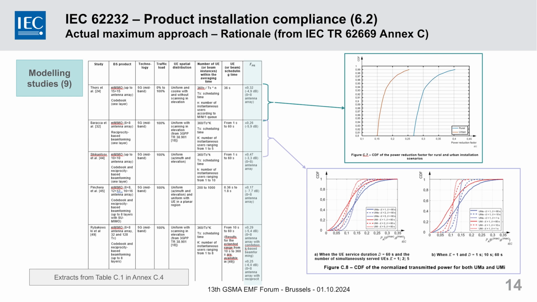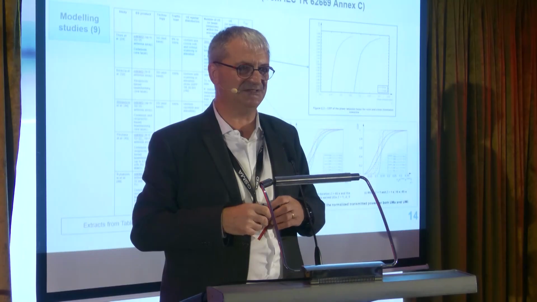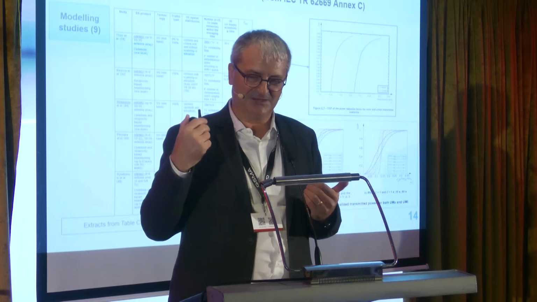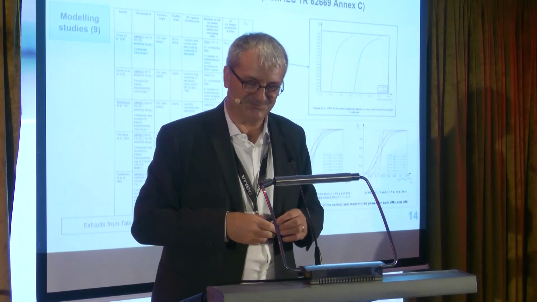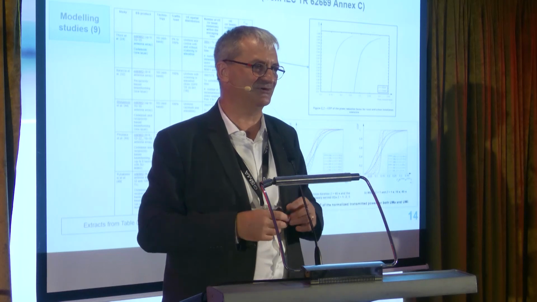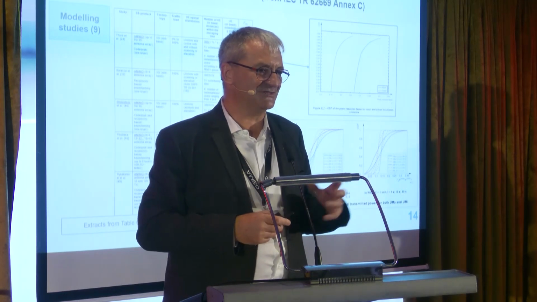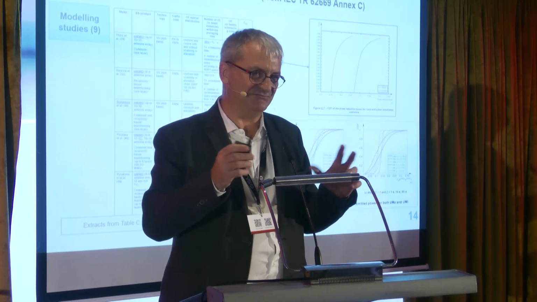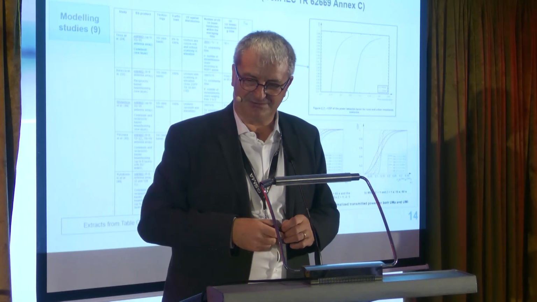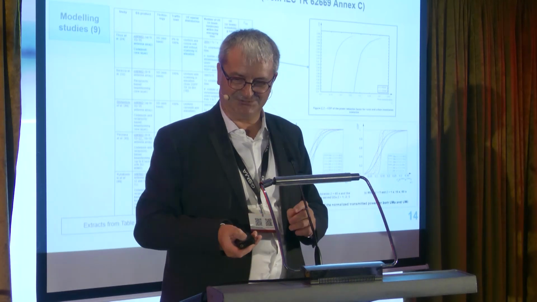And this range can be assessed using modeling studies, and you will find in the technical report at least these two case studies. Original case studies are developed in more detail. The rest you can look into the literature.